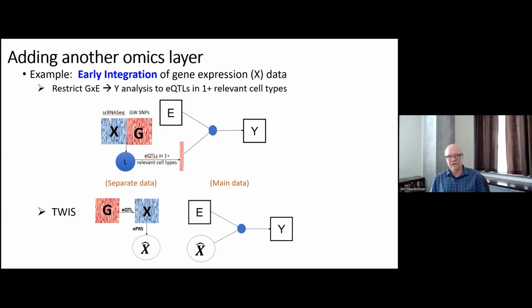What about early integration? This is a situation where we might be looking at, say, single-cell RNA-seq and genome-wide SNPs, and looking at SNPs that show differential expression in one or more cell types that we might care about.